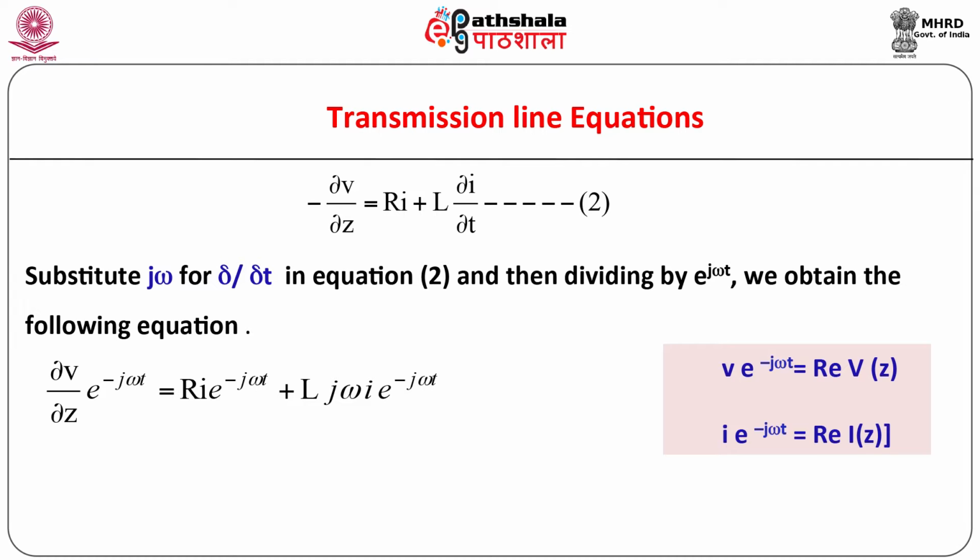Noting all these things, finally equation 2 dash can be reduced to the equation as shown, namely dV by dz is equal to minus Z into I, where Z is R plus j omega L.